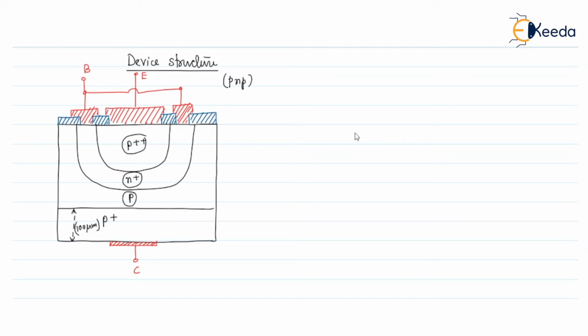Now if we draw the doping concentration profile with the depth of the device, in this axis I am putting the doping concentration, and this is the distance or depth, in micrometers.